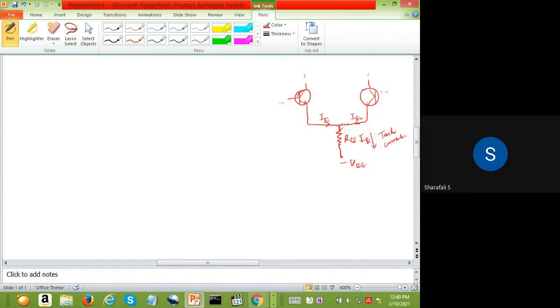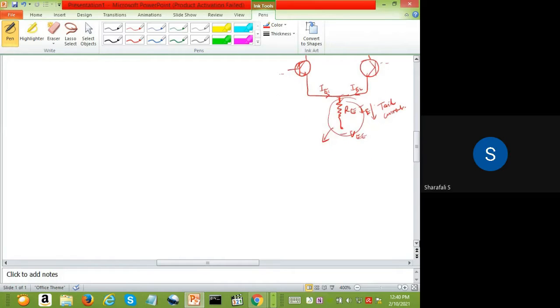Now I will replace this section of the circuit with another circuit in order to make that IE constant. So just connect that circuit with a transistor. This is our third transistor, and the base of the transistor is connected to this resistor.